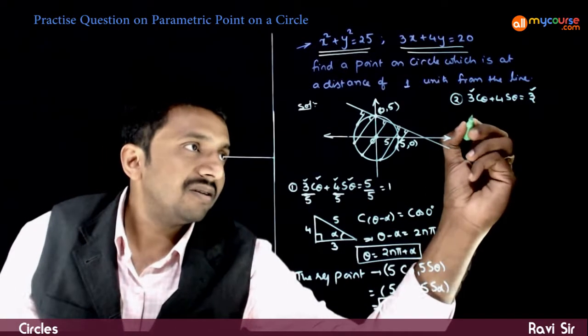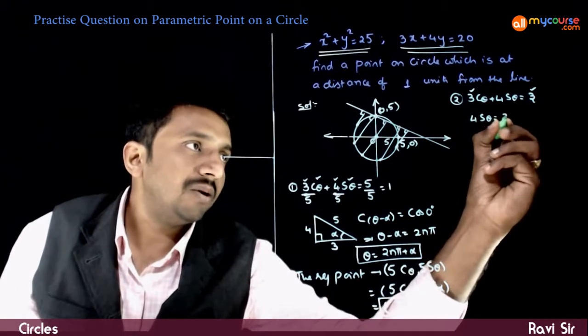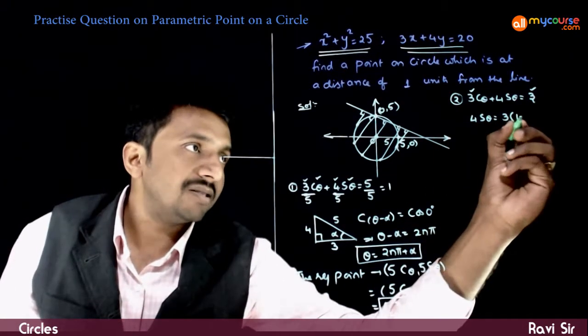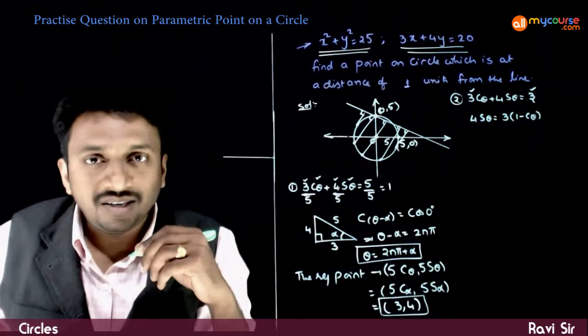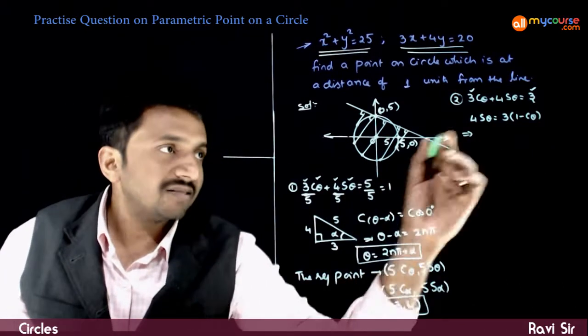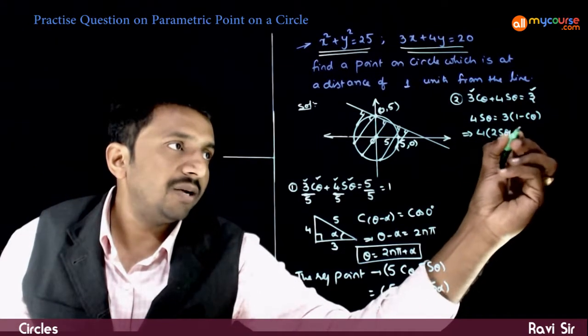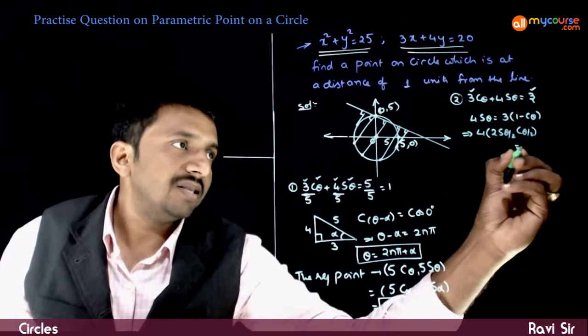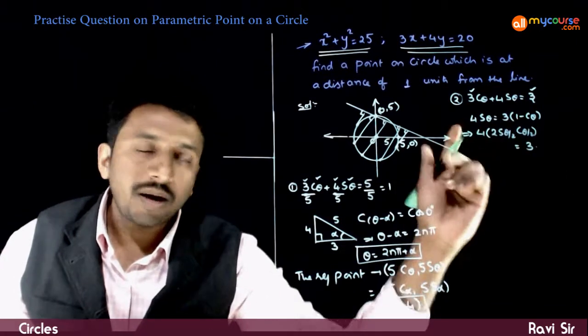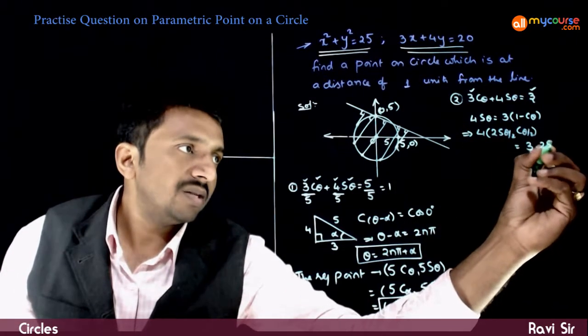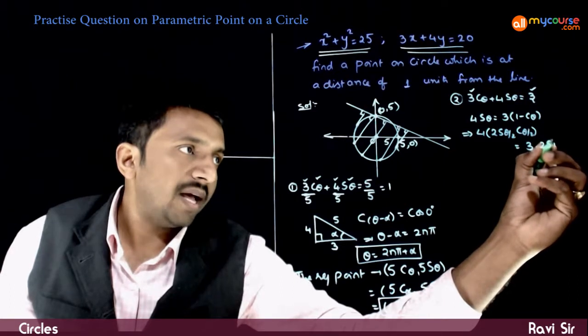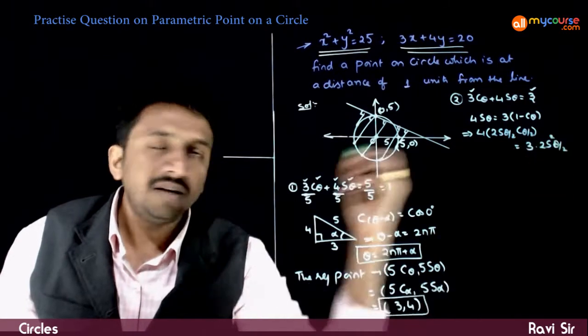What I do is 4 sin theta is equal to 3 minus 3 cos theta, 3 times 1 minus cos theta. This implies 4 times sin theta, which is 2 sin theta by 2 cos theta by 2, is equal to 3 times 1 minus cos theta, which is 2 sin square theta by 2.